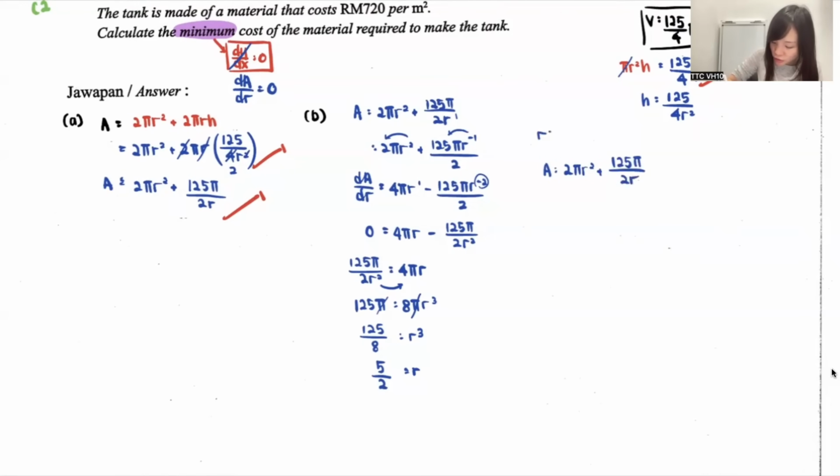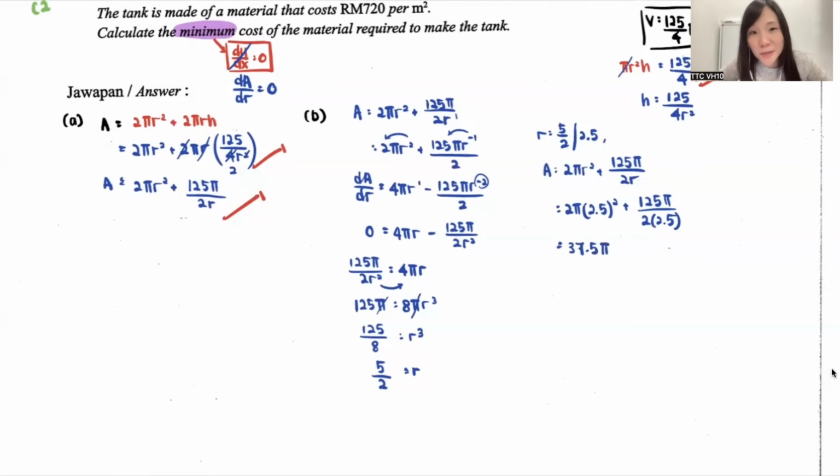Since you know that your r now is 5 over 2, which is actually 2.5, decimal also can, fraction also can, you can now sub in. So 2 pi times 2.5 squared plus 125 pi over 2 times 2.5. Are you getting 37.5 pi?